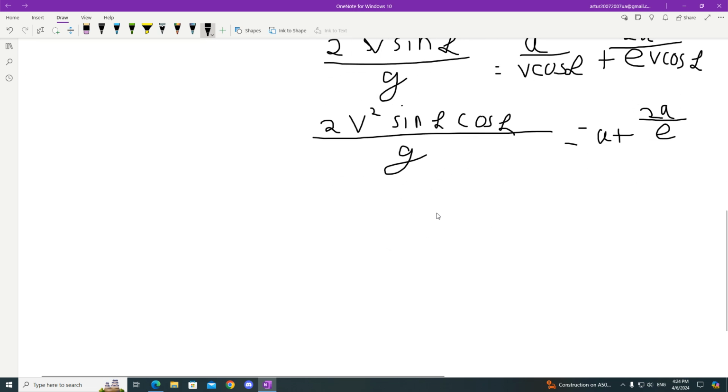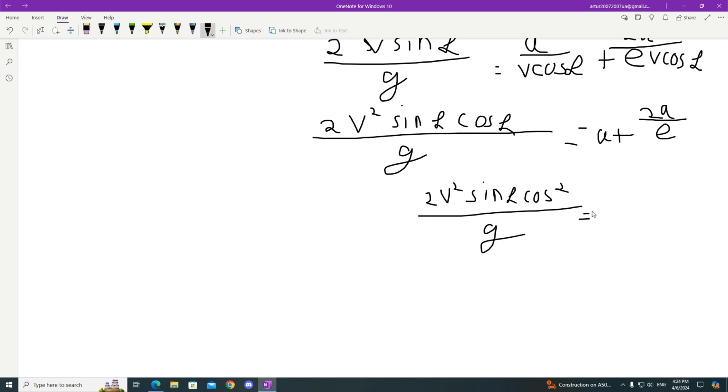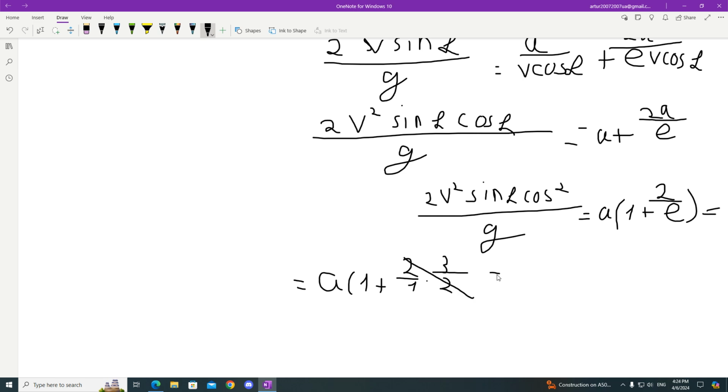We can take A out of brackets: A times (1 plus 2 over e), which with e equal to 2/3 is A times 4.